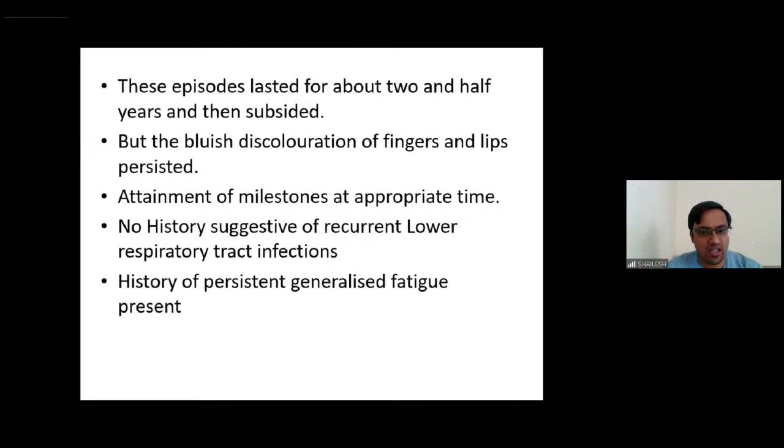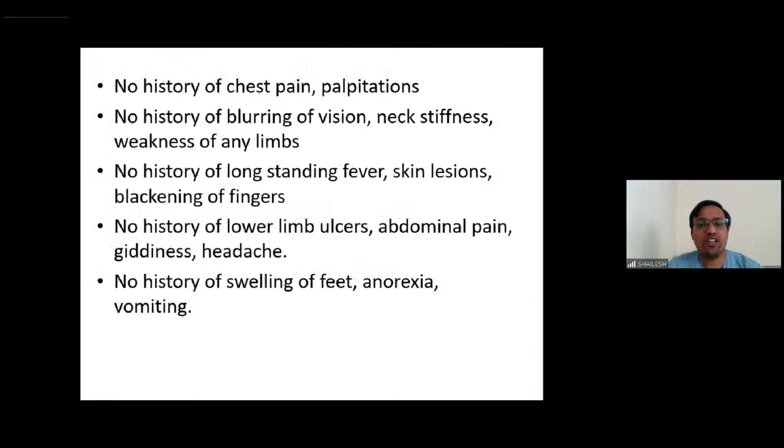There is attainment of milestones at the appropriate time. There is no history suggestive of recurrent lower respiratory tract infections. No history of persistent generalized fatigue. No history of chest pain, palpitations.